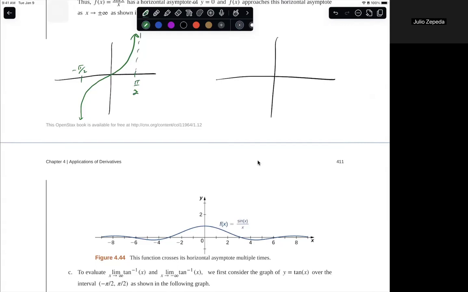And there are vertical asymptotes there. And so when we invert this, we get a graph that looks like this, where now our vertical asymptotes have become horizontal asymptotes.